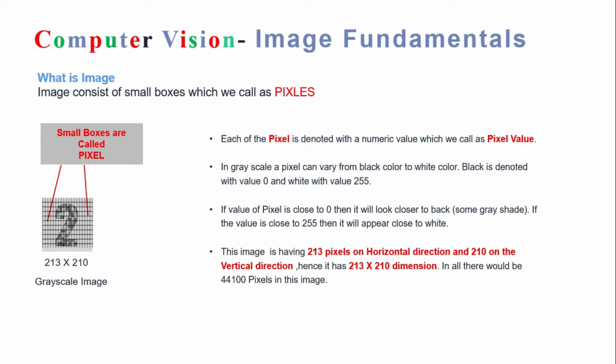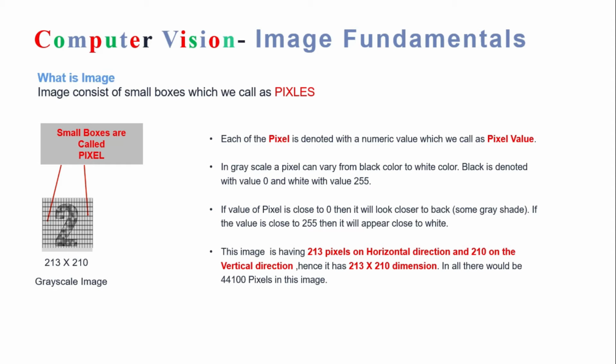That is, it has 213 pixels in the horizontal direction and 210 pixels in the vertical direction. So in all, how many pixels will be there in this image? You just need to multiply 213 by 210. So it will be 44100 pixels, which is the total number of pixels in this image.